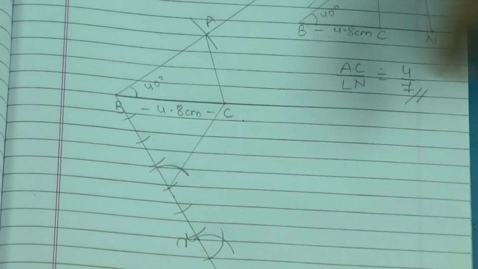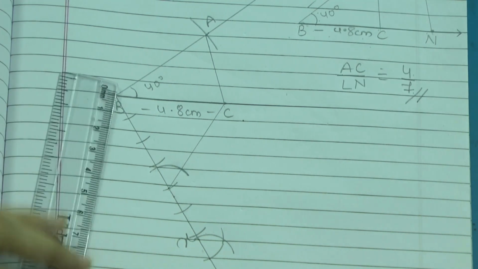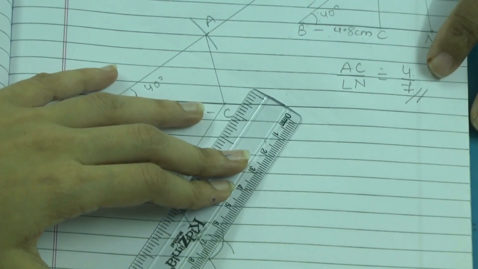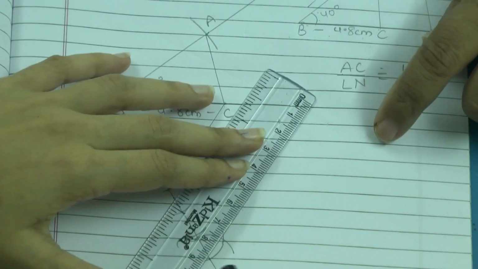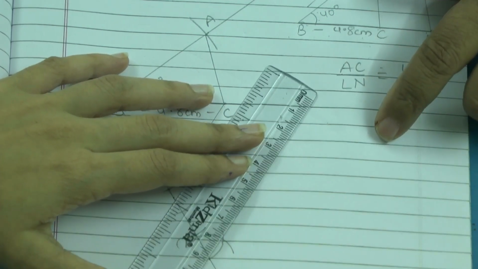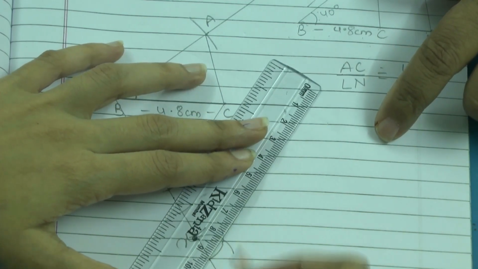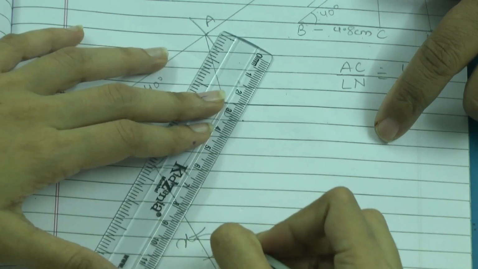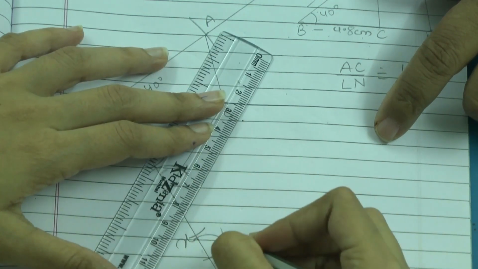Keep the scale in such a way that the line gets extended. Yes, very clearly you can see. Yes, first location of the point is important.